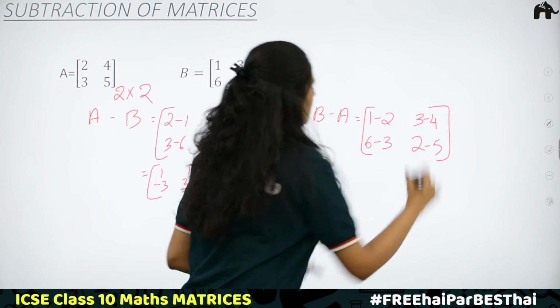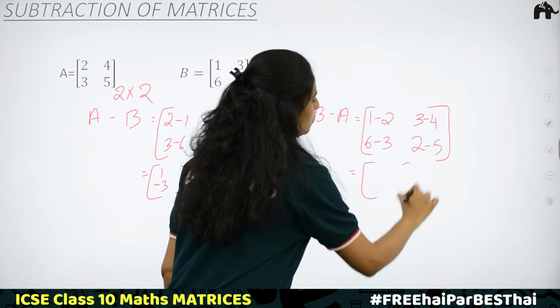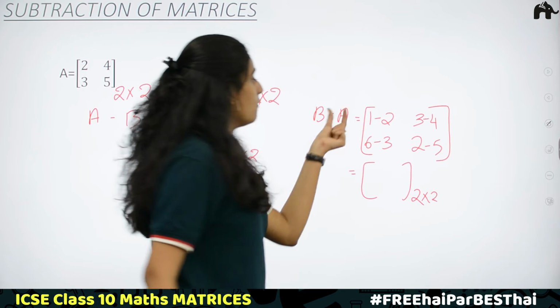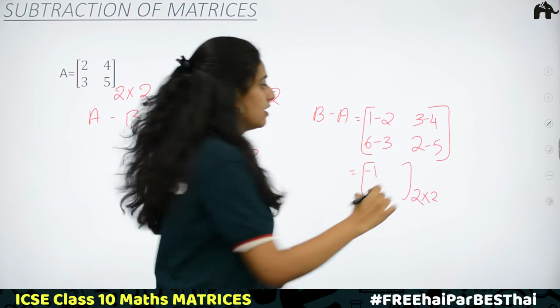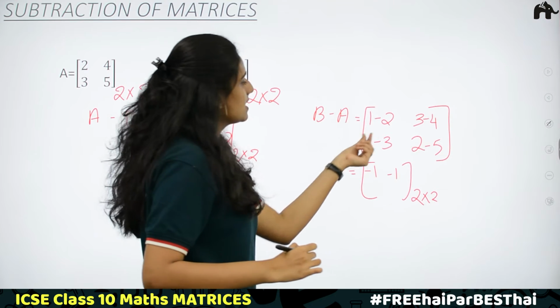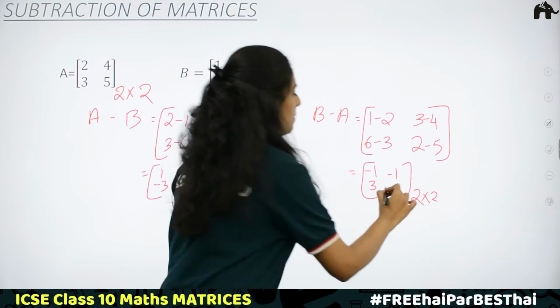This is what the B minus A matrix is. What do we get? We will be getting a 2 by 2 matrix and the elements are 1 minus 2, minus 1, 3 minus 4, minus 1, 6 minus 3, 3, 2 minus 5, minus 3.